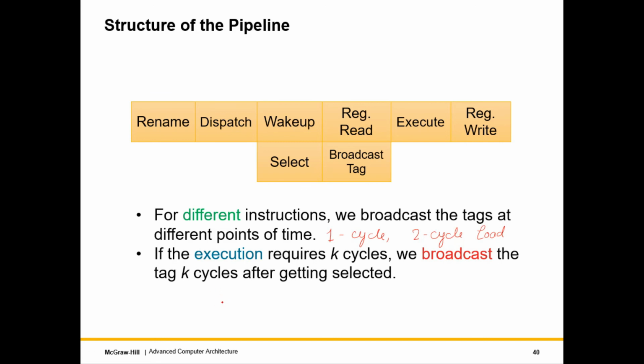And if you would recall, I had asked a question several slides earlier. What I had said is, why don't you actually broadcast values, why do you broadcast tags? So the answer should be clear at this point. Let me just write this down.